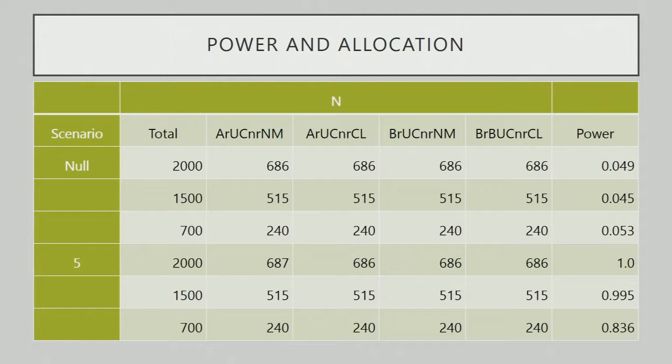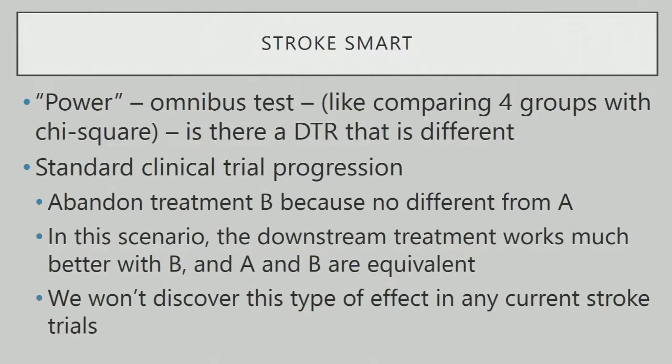Even at 700 patients, with 240 along each of these pathways, about 83% power. So it's still a pretty good design to get a sense as to whether one of these regimens should be tested further. It's an omnibus test. Again, we wouldn't discover this in any current stroke trials. All right.